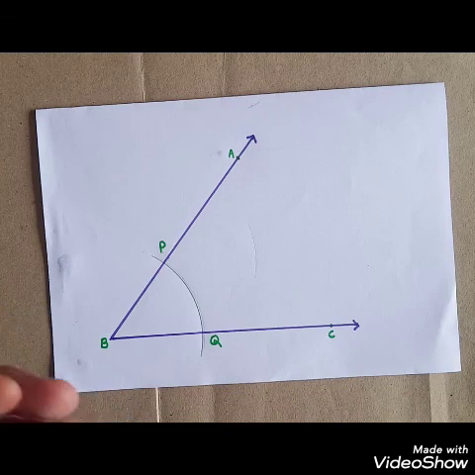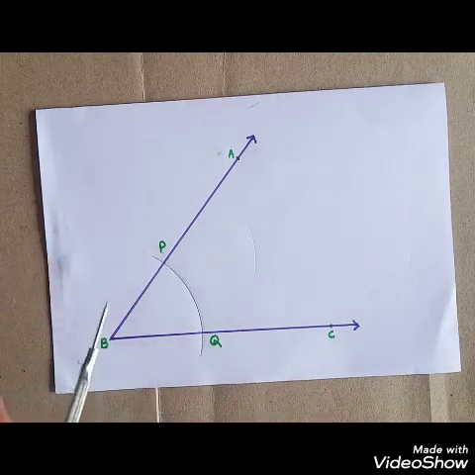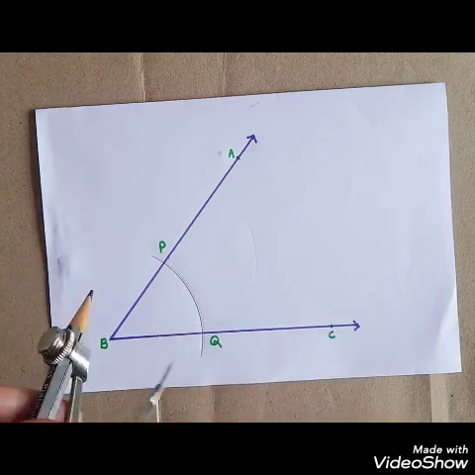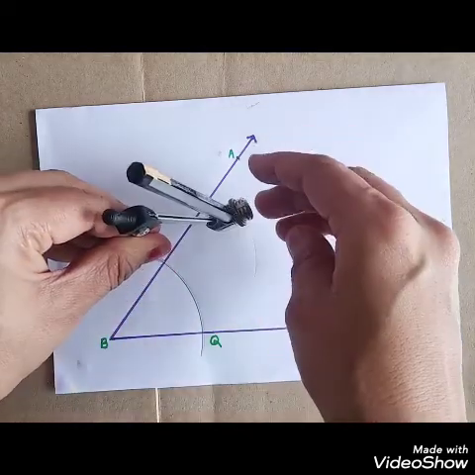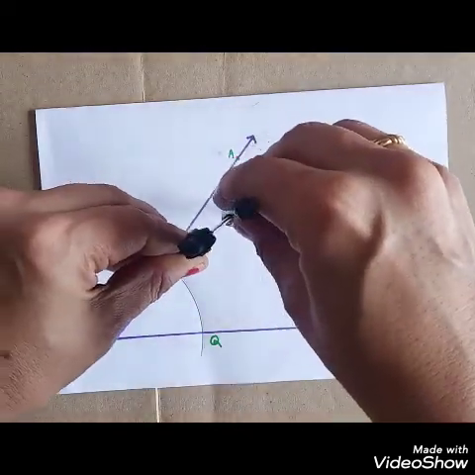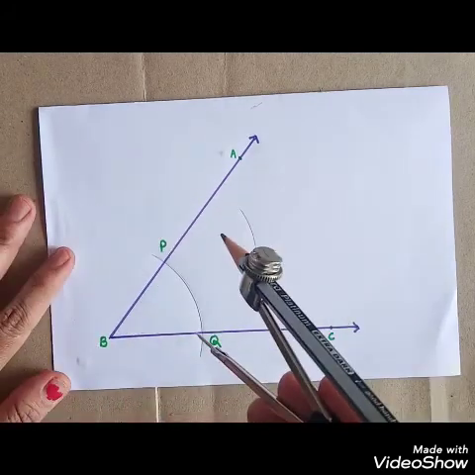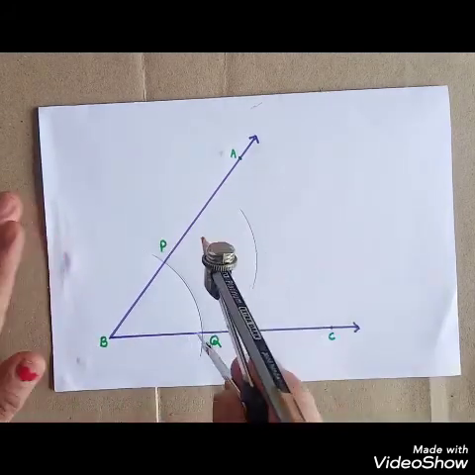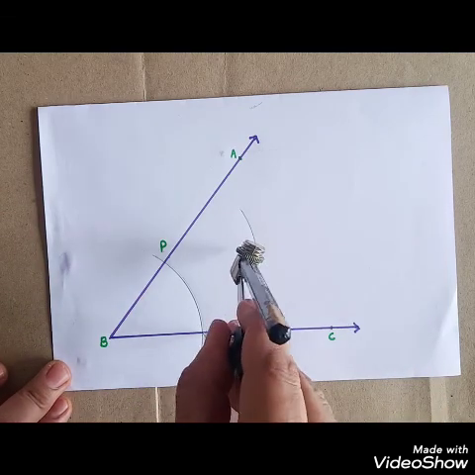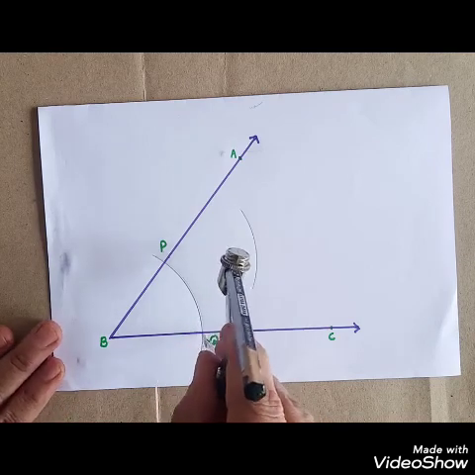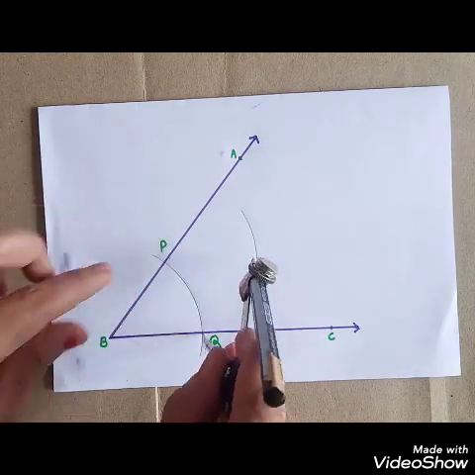Now, place the point of the compass at point P, taking any distance between these two points. Again, we are going to draw an arc which is inside this angle. Again, keeping the same distance, we are going to draw another arc inside the angle but from point Q. And this arc is going to cut this previous arc.